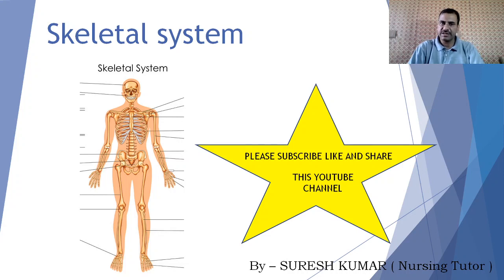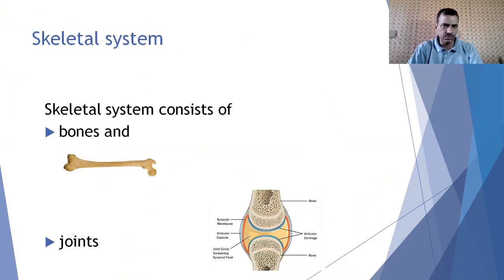In today's lecture, we will discuss the skeletal system. Dear students, as you know, the skeletal system consists of bones and joints. So in this class, we will discuss bones and joints in detail.